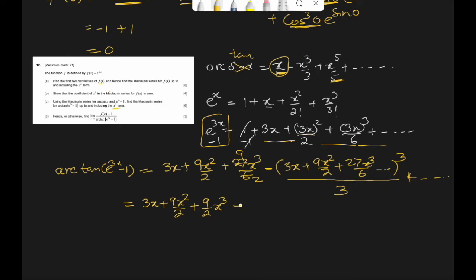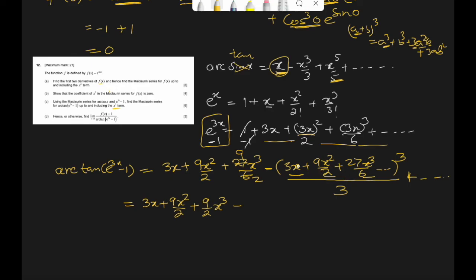Okay, minus. Now we have to cube this whole thing. Let me remind you of one formula. Let me write it somewhere here. Okay, a plus b, just 2 terms, cubed is a cube plus b cube plus 3a square b plus 3ab square. So can you see that this first term is cubed? In this, every term will be cubed, and then we have a combination of the multiplication of any two of the terms, right?